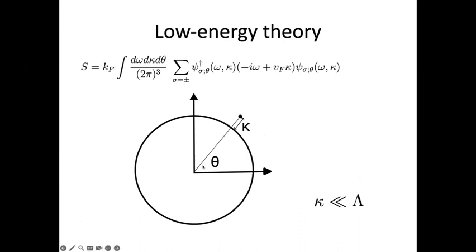So theta is the angle around the Fermi surface, and kappa represents the radial distance away from the Fermi surface. Okay, so at low energy, theta can be from 0 to 2 pi, but kappa is much smaller than the UV cutoff scale.